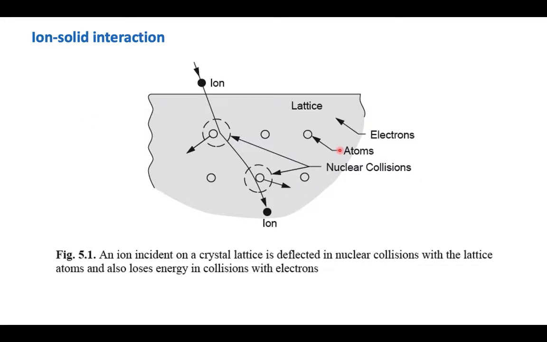Now, as I said, ion-solid interaction is a very important process that takes place when you bombard a material substrate with ion beams, and a lot of things happen inside. If you look at one of these ions entering the surface, it interacts with the nucleus of the atoms and also the electron clouds. So two different kinds of interaction happen. One is the interaction of the ion with the nucleus, which is treated as a nuclear collision, like two particles colliding, where one particle is an ion with high energy.